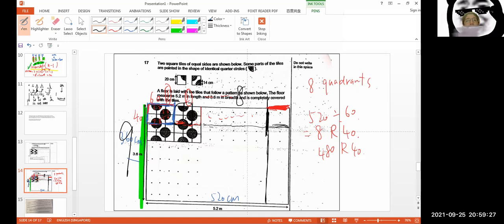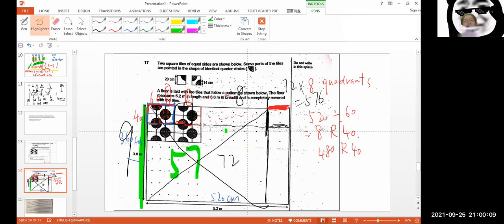You do the 8 times 9 first. 8 times 9 is 72, so this whole thing here is 72 patterns of 8 quadrants. 72 times 8 quadrants: 7 times 8 is 56, 56 plus 1 is 57, so you get 576 quadrants. I can write down 576 quadrants.